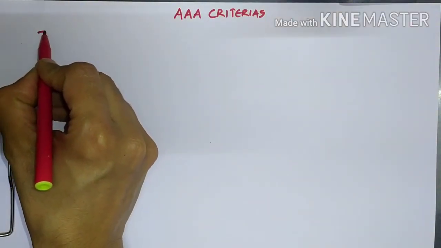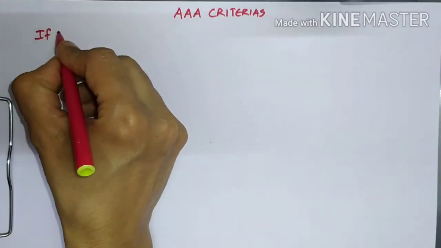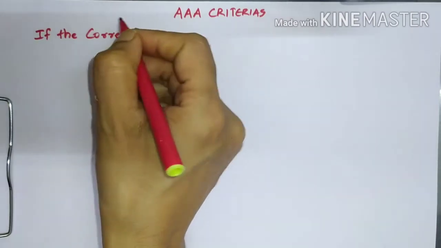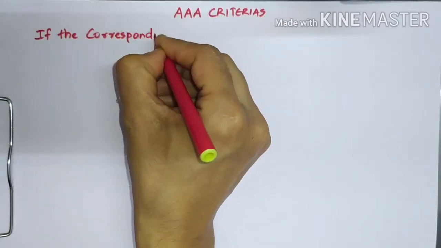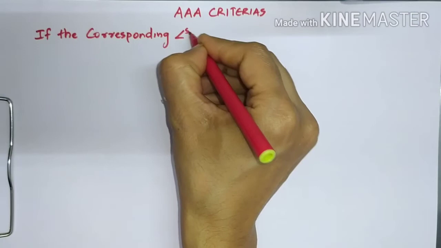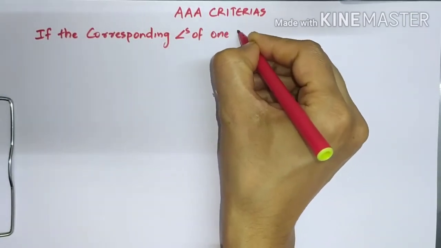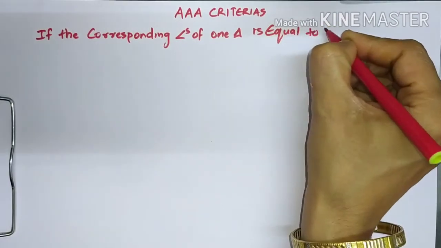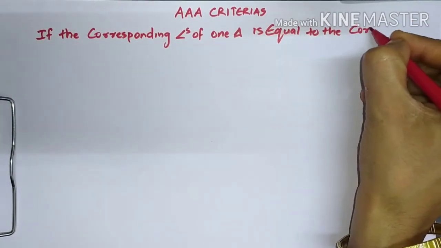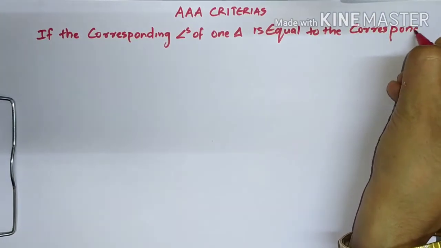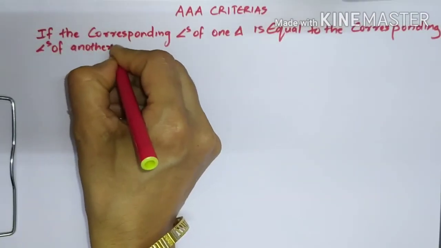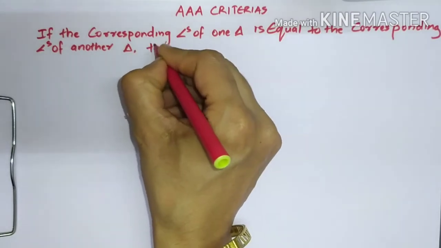So the statement is, if the corresponding angles of one triangle are equal to the corresponding angles of another triangle, then the triangles are similar.